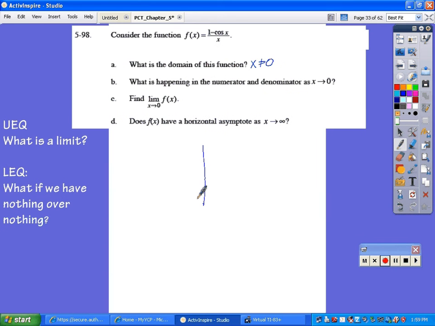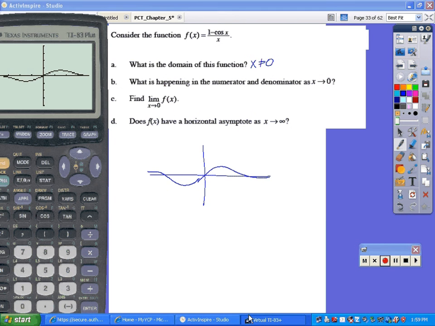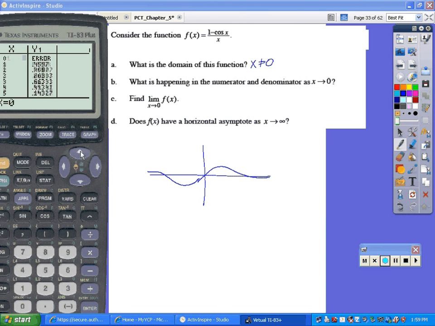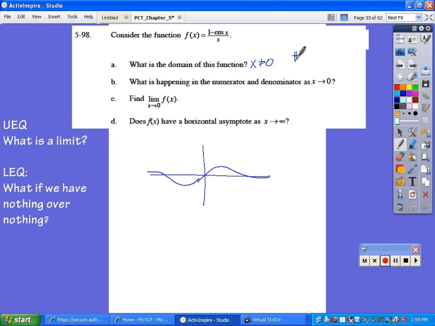However, I do believe that it approaches a horizontal asymptote on each side, here and here. All right, so what is the domain? If we go to the table, you'll see that the 0 value there is not part of this. So it does not exist. So we probably would say for our full domain, all real numbers not equal to 0. I think everything else will work.